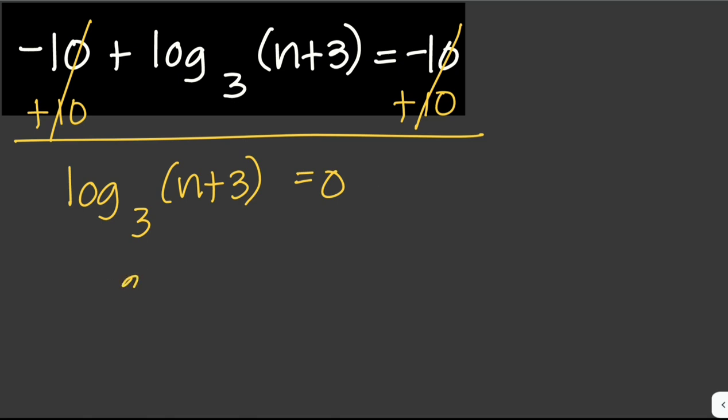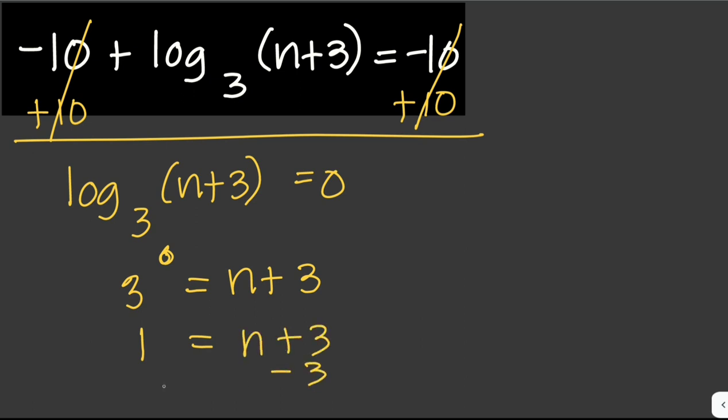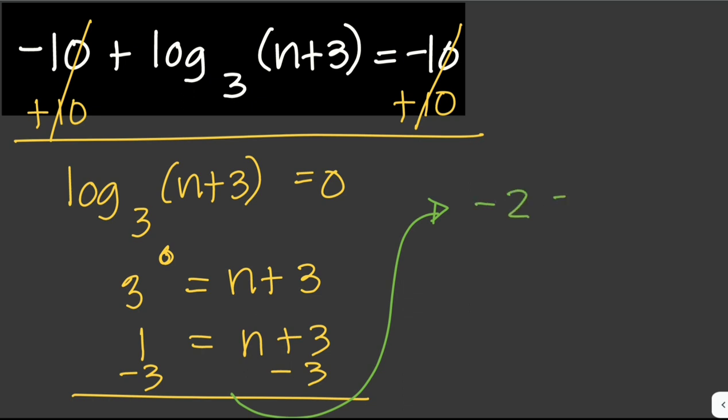We can write this as 3 to the 0 equals n plus 3. Any number raised to the power of 0 is equal to 1. So 3 to the 0 is 1, which equals n plus 3. Then we subtract 3 from both sides, and we get 1 minus 3 equals negative 2 equals n. Therefore, n here is equal to negative 2.